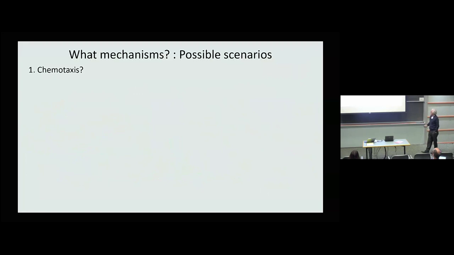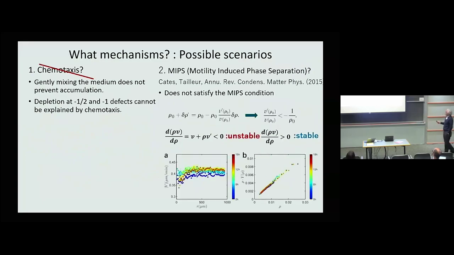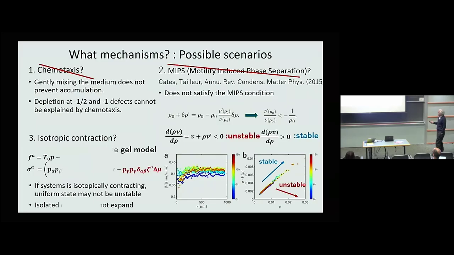Maybe I should skip this, but I want to mention that we considered other possibilities: there is no chemotaxis, no isotropic contraction, and no MIPS. We measured the velocity as a function of density, and this doesn't satisfy the MIPS condition.